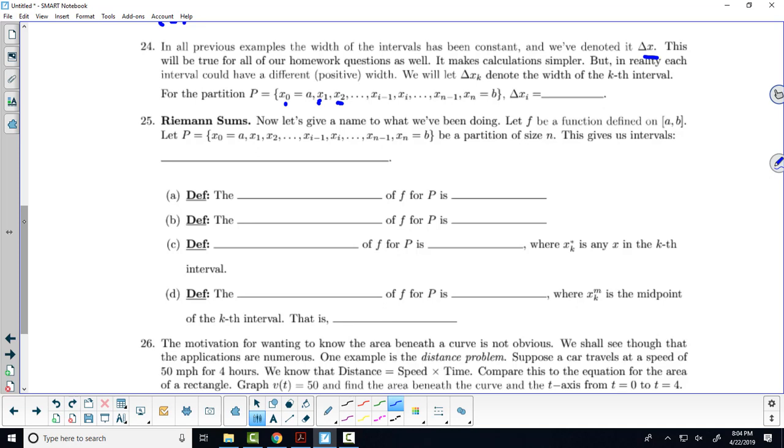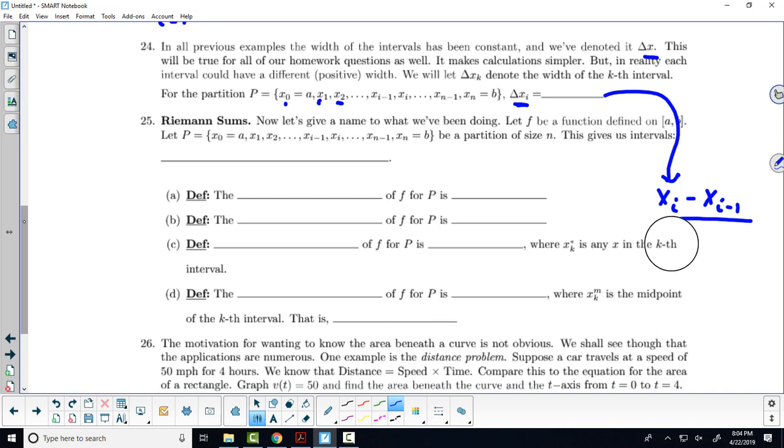So here, delta xi would be what? How would I figure out the width of the ith interval? Well, I would take xi minus x sub i minus 1. That's a subscript minus 1. I'm going to write this big off to the side. So this is xi minus x sub i minus 1. Actually, that's it, right?